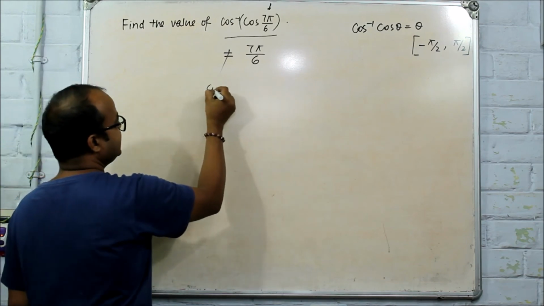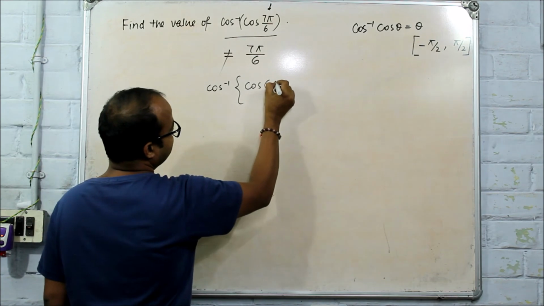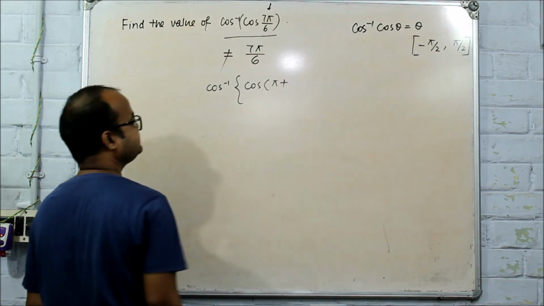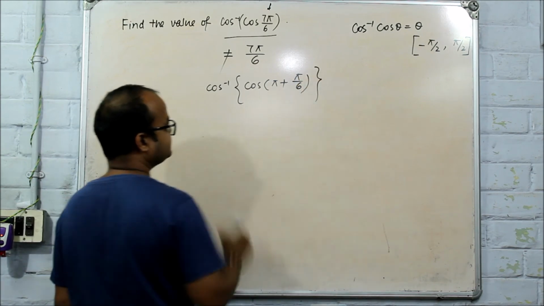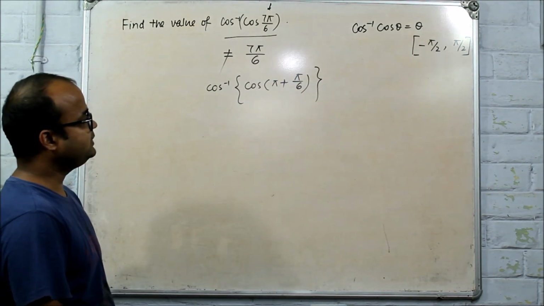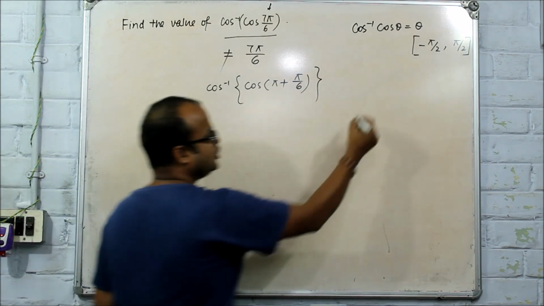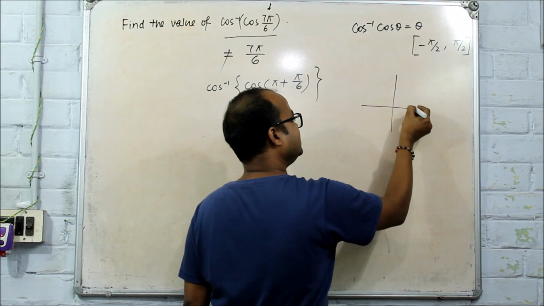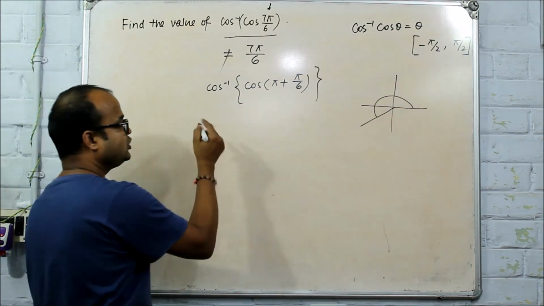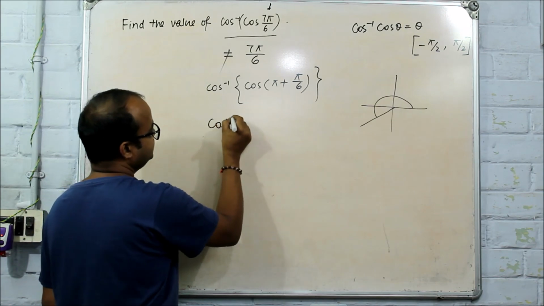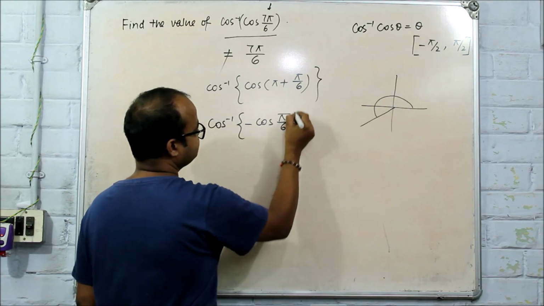So we write this as cos inverse cos of pi plus pi by 6. Cos of 180 plus theta goes to the third quadrant, where cos is negative. So we will get cos inverse of minus cos pi by 6.